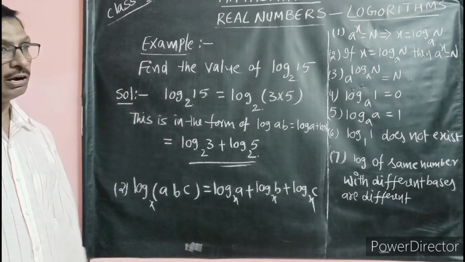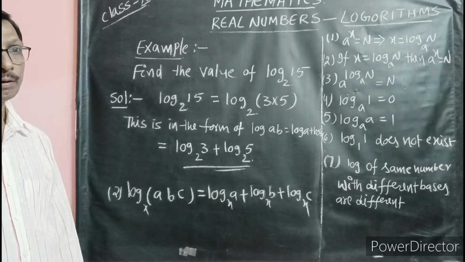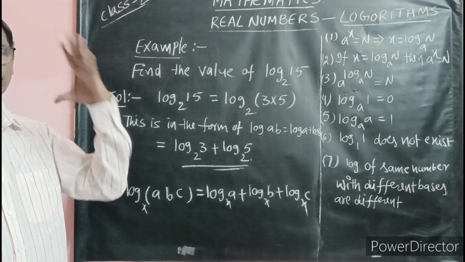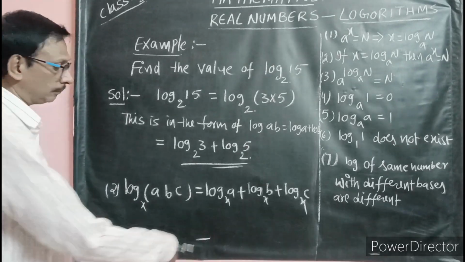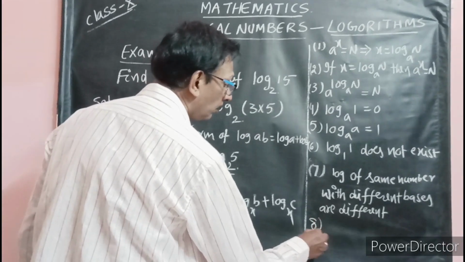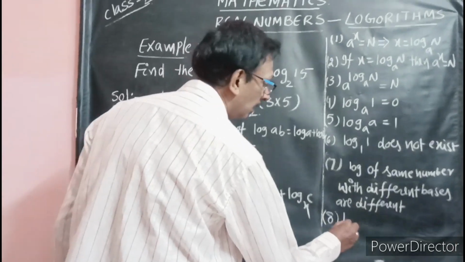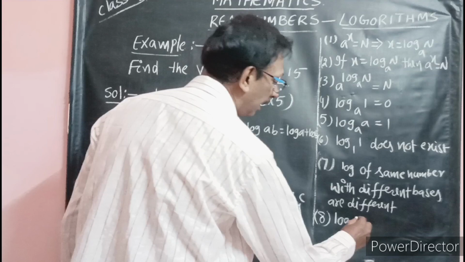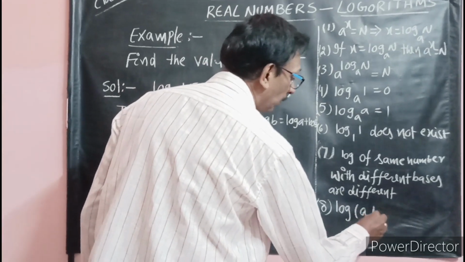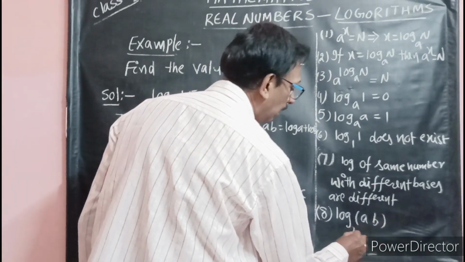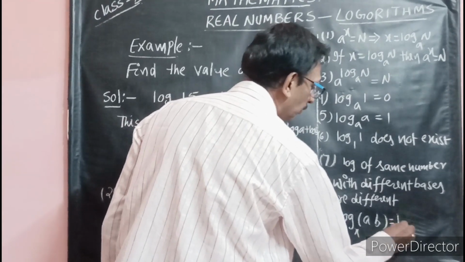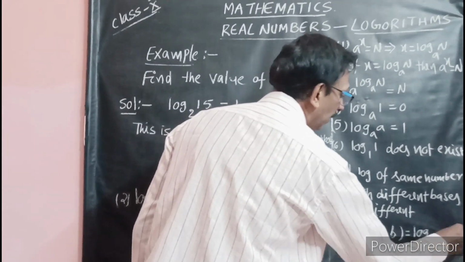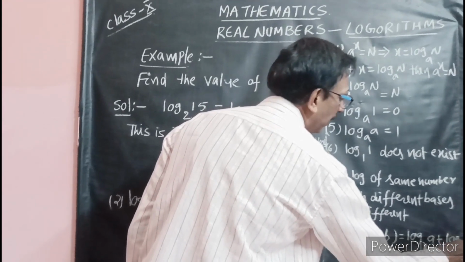So this is called the laws of logarithms, the logarithm of products. Now finally, the first law, an important identity: log AB to the base x is equal to log A to the base x plus log B to the base x.